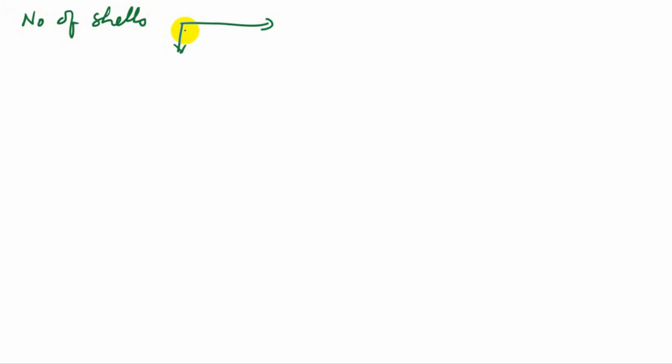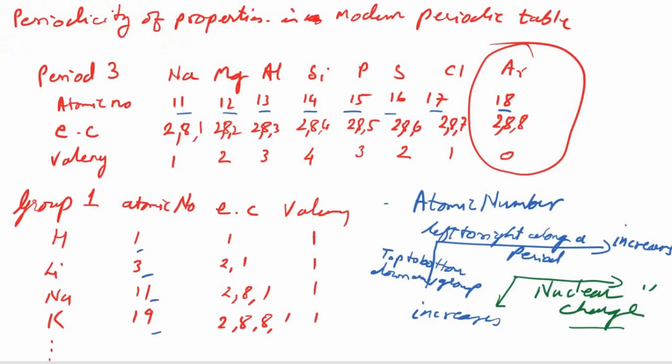You can clearly see here the number of shells. 2, 8, 1 means K, L, M. There are three shells. Here also there are three.